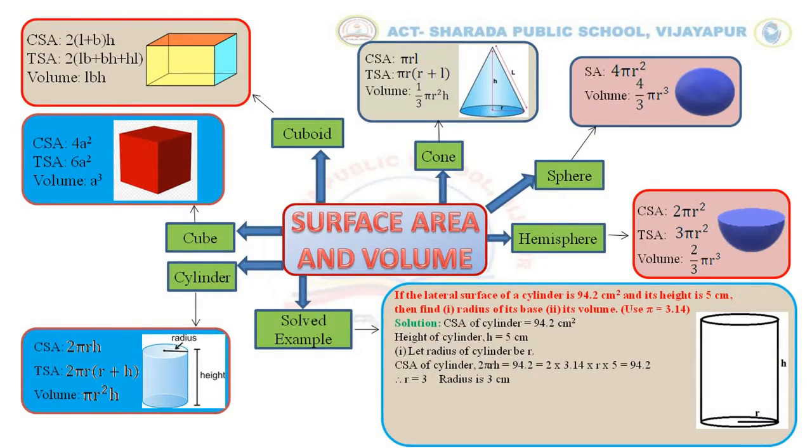On solving this, we get the radius of the circular base equal to 3 centimeter. Next, to find the volume of the cylinder, we use the formula pi r square h, and substituting the values of pi, r and h and simplifying, we get the volume of the cylinder as 141.3 centimeter cube.